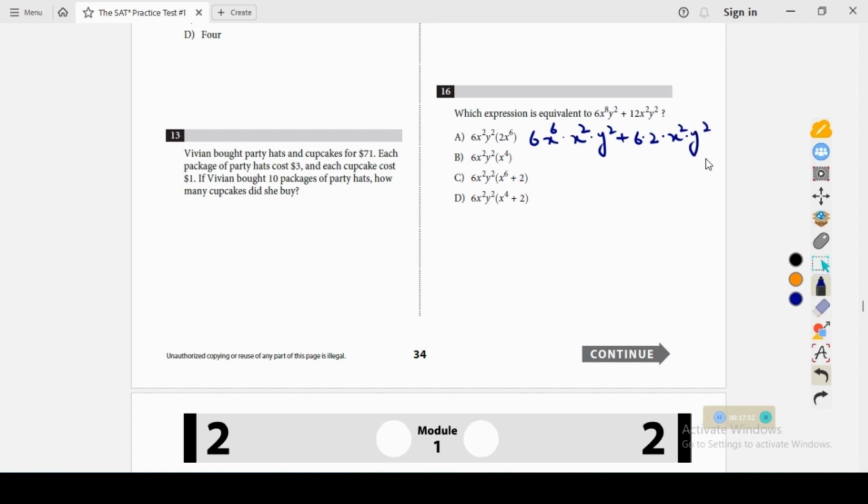What is common between these two expressions? We have 6 in common. We have x square and y square in common. By taking these values in common, what we will get? 6 x square y square, and the remaining is x raised to power 6 plus 2. So C is the correct answer.